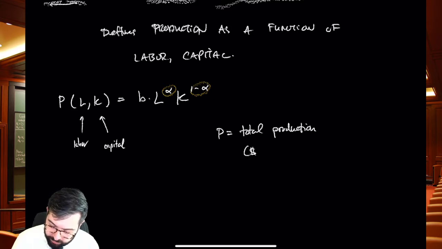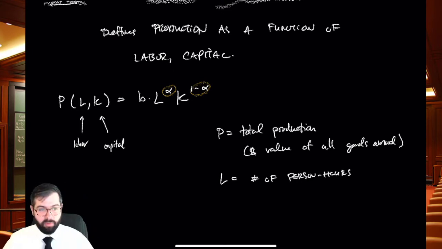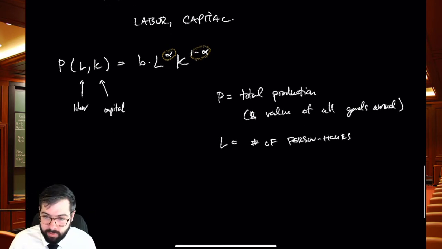So we see that P is the total production. So that's the dollar value of all goods annually. L is the number of person hours. Right, so it's the number of people times the number of hours they work, so it's the amount of labor.